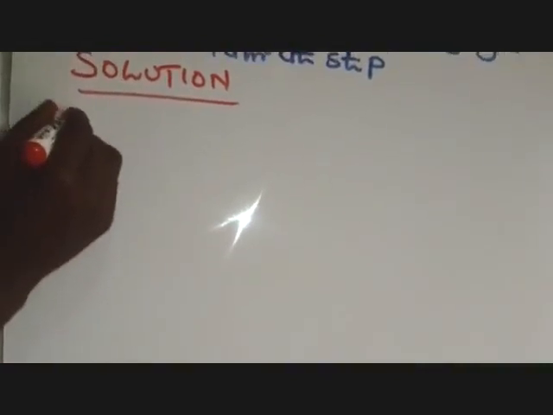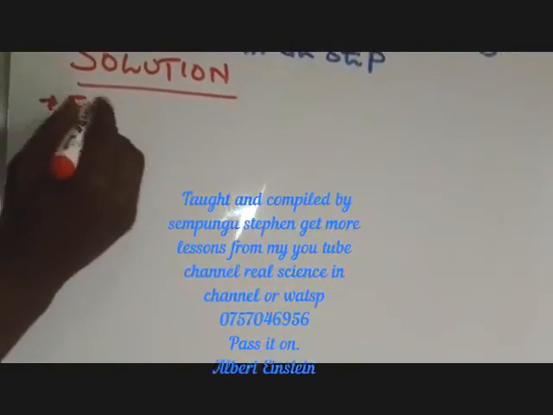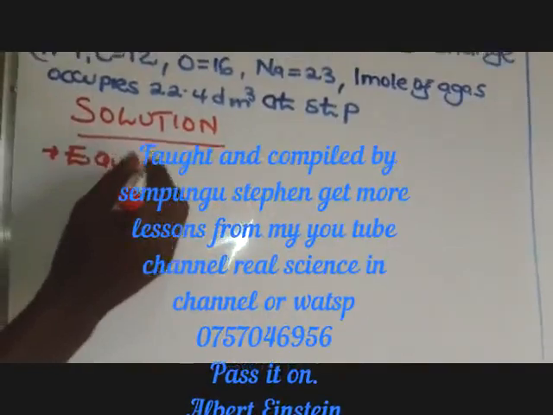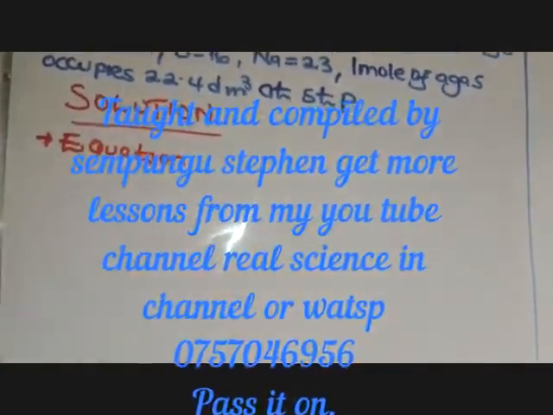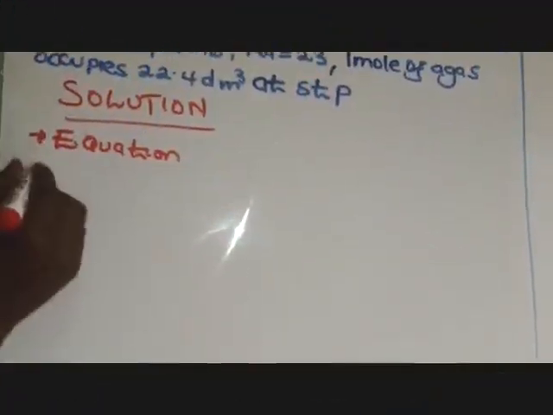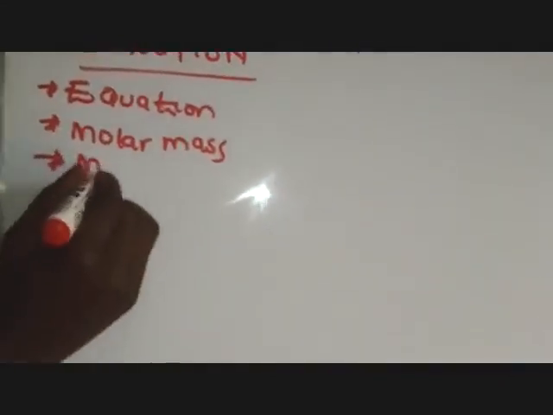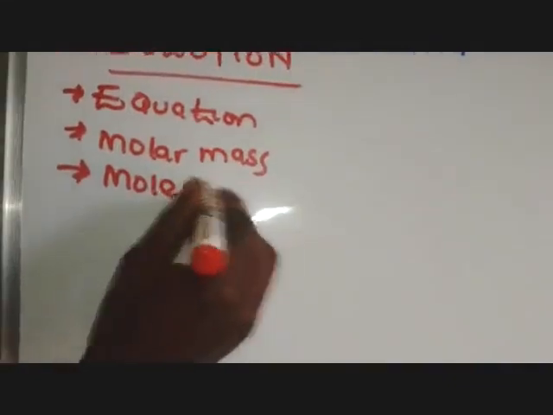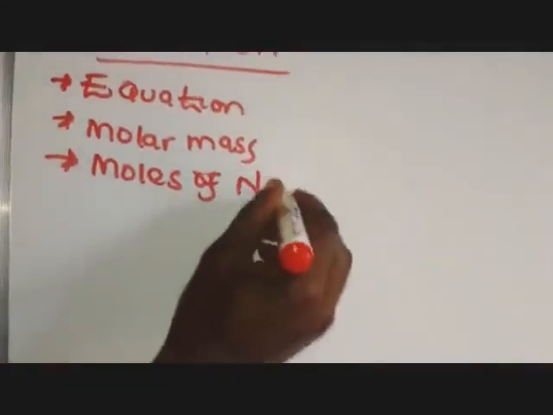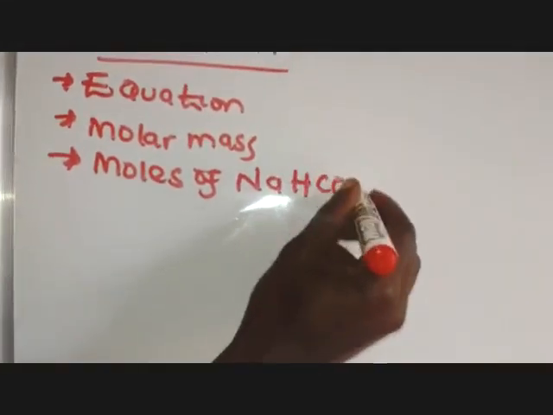Now, solution to the question. The beginning approach is to write the equation of the reaction. After that, we find the molar mass of sodium hydrogen carbonate. Third, we find moles of sodium hydrogen carbonate.